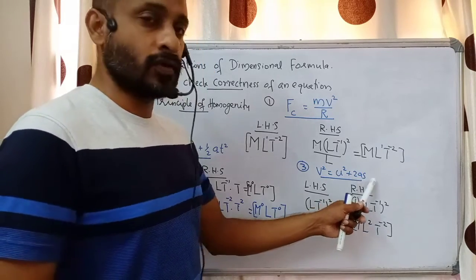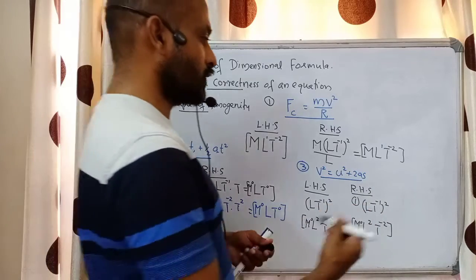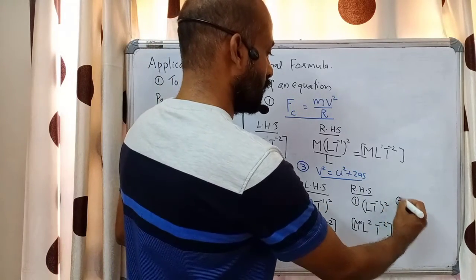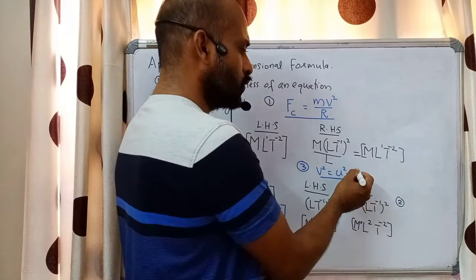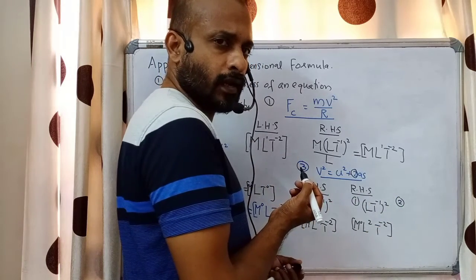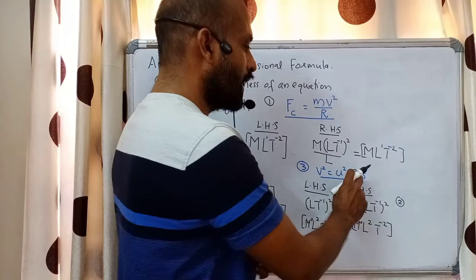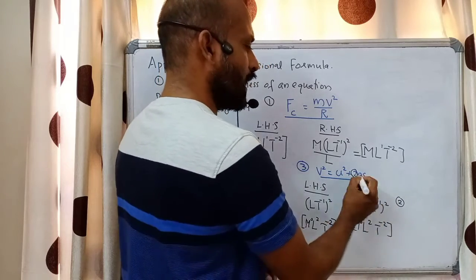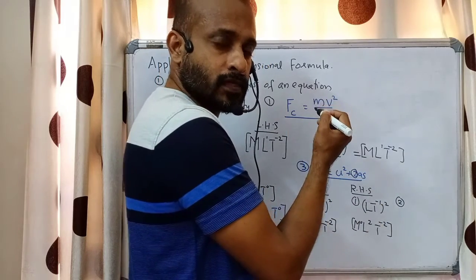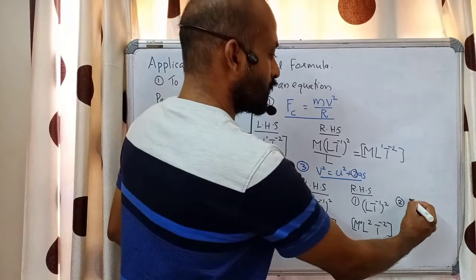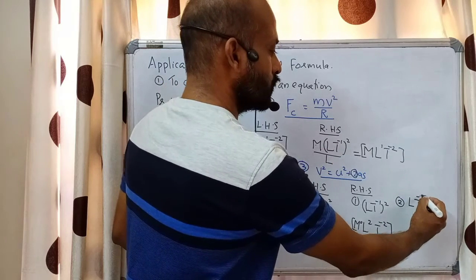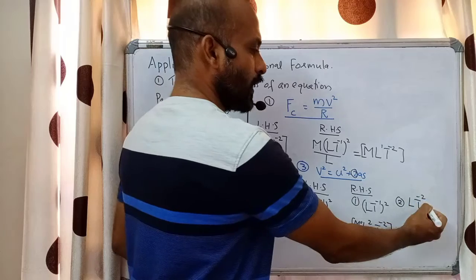Now we will see the second term also. We can check whether that also has the same dimension formula. Second term 2as. 2 we can avoid, no need of writing, it does not have a dimension formula. a into s. What is a into s? a means acceleration. What's the dimension of acceleration? Acceleration has dimension formula L t raised to minus 2. s is displacement.